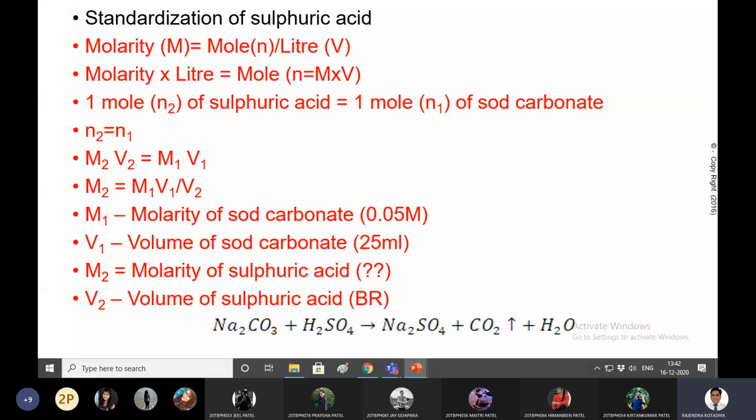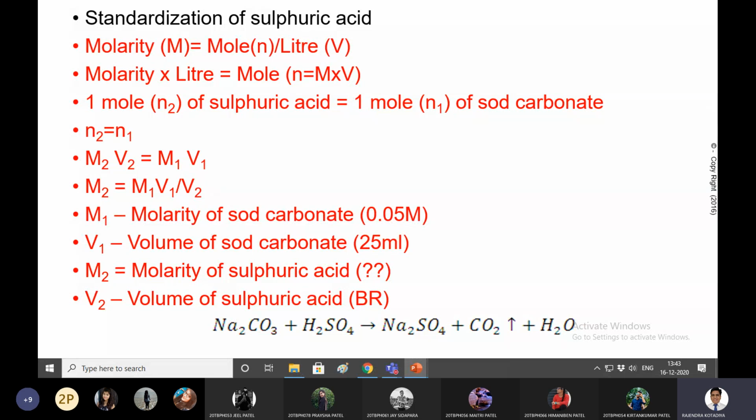So M1 is the molarity of sodium carbonate, that is 0.05 molar. V1 is the volume of sodium carbonate, that is 25 ml. M2 is the molarity of sulfuric acid, that we are going to find out from this equation, and V2 is the volume of sulfuric acid, that is nothing but the burette reading.